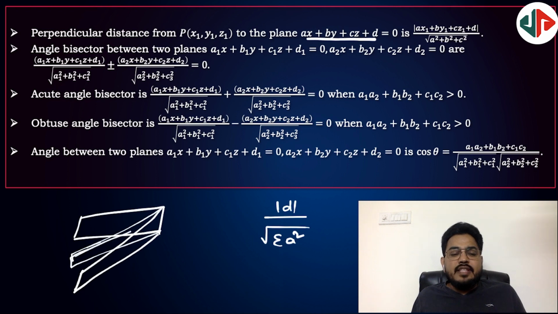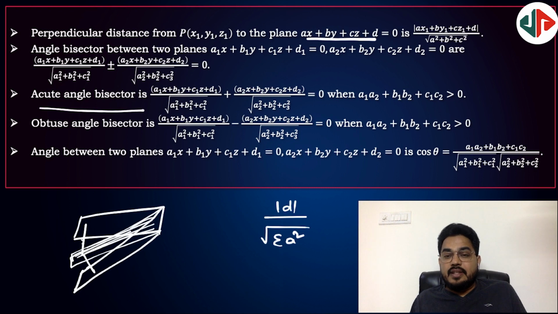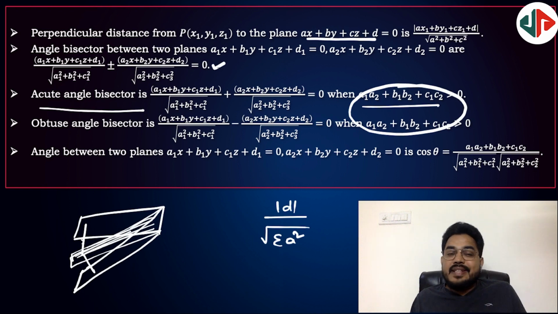How is this plane defined? Any point on this plane has the same perpendicular distance to this plane and to that plane. It is a property similar to two-dimensional geometry. Angular bisector, acute angle bisector, this condition, but this much depth is not required. Only the basic definition is more than enough to solve.